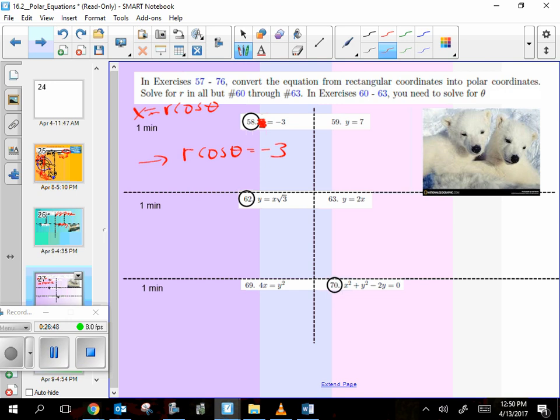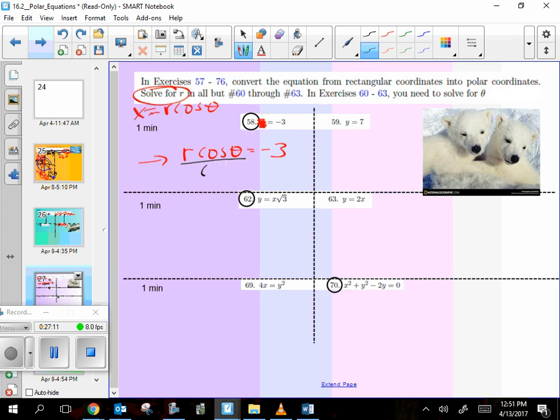Now, it does sometimes say you want to solve for R. Look at that. Solve for R in all but 60 through 63. That means I should solve for R here. Not that hard. How do you solve for R? You get the cosine off of there. So what gets cosine off of here?